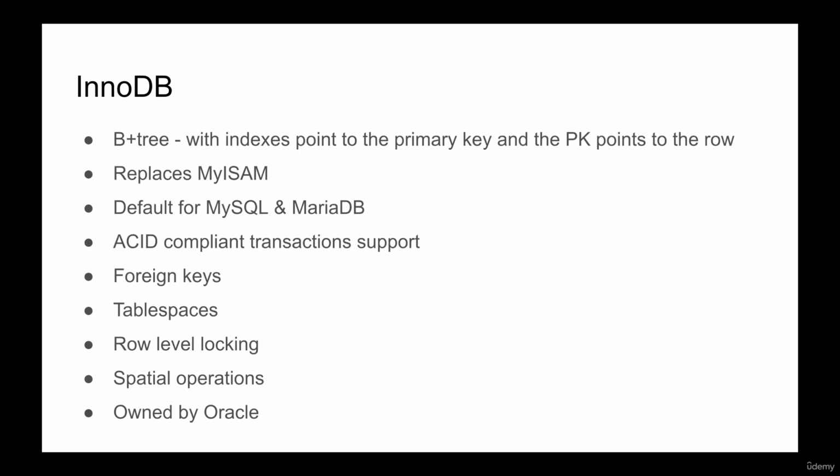It doesn't say row offset 700. This index is actually pointing to the primary key, and the primary key points to the row. So you can immediately see there are multiple jumps and round trips to get to the row, right? But that could also be beneficial if you're only selecting your primary key and your secondary key.